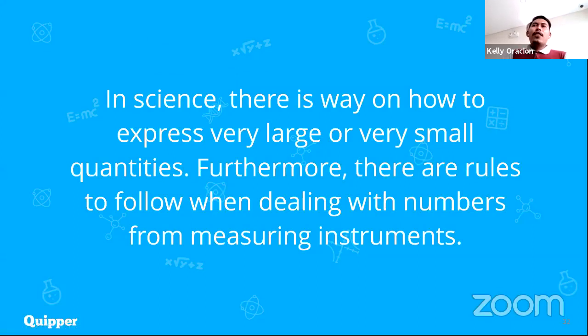Now, in science, there is a way to express very large or very small quantities, very large or very small numbers. Furthermore, there are also rules to follow when dealing with numbers from measuring instruments. Of course, not just in science but also in mathematics, because mathematics and science are intertwined.